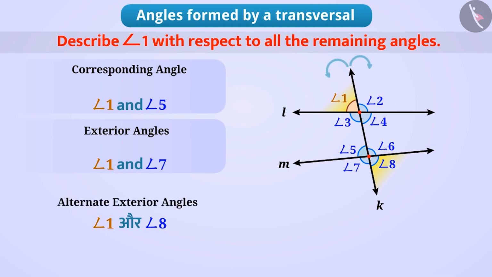So, they form a pair of alternate exterior angles. Similarly, can you find out the relation between angle 1 and angle 6? Discuss with your friends and teacher and find out the answer to this and the reason behind it. Also, try to describe the other angles with respect to the remaining angles.